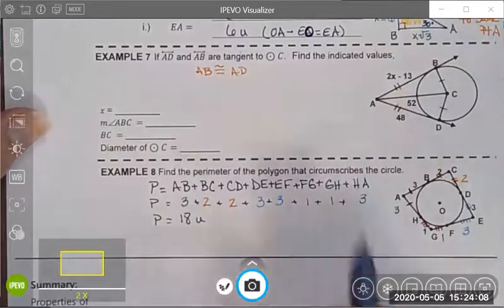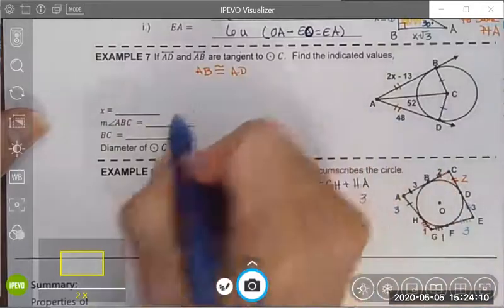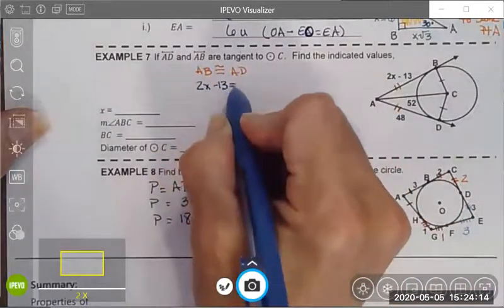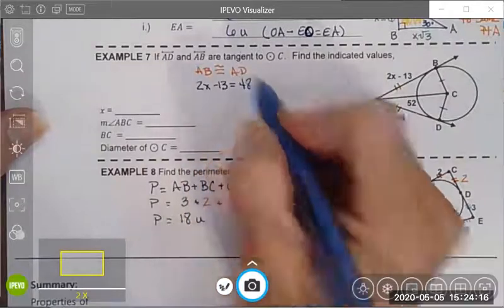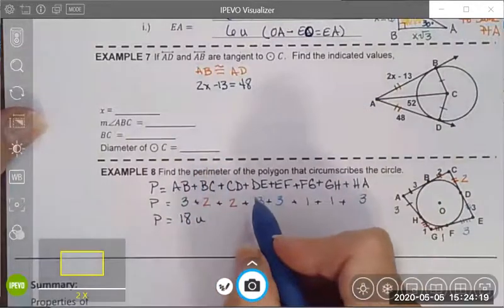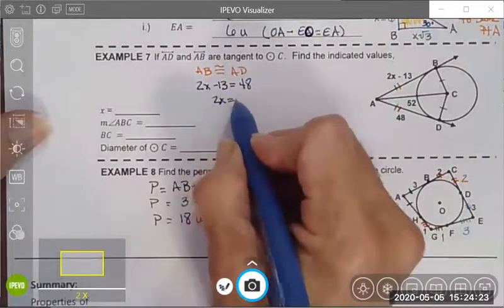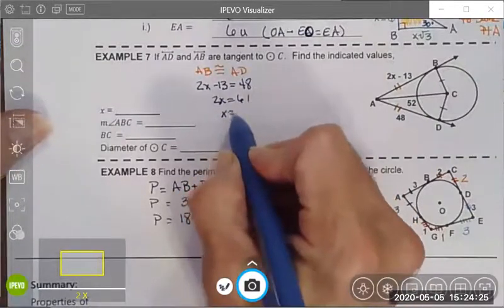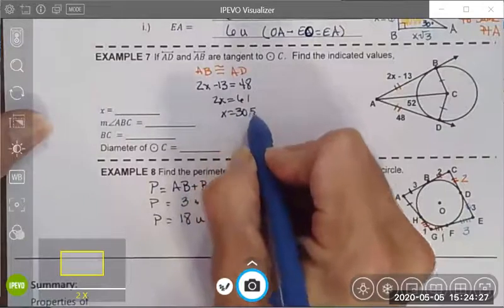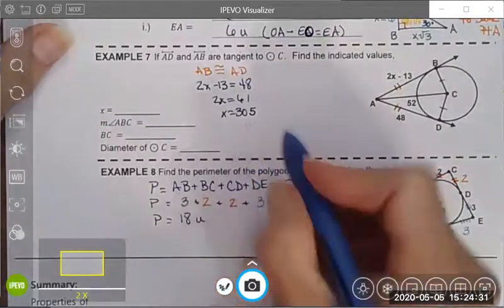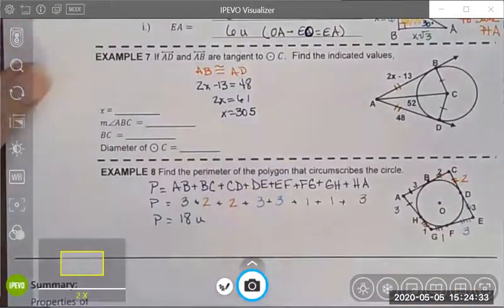That's handy because I know the measure of those two, relatively speaking, and I can do some simple algebra. Now that I've discovered the geometry of the problem, I can do some algebra, and when I do that, I end up with 2x equals 61, x is 30.5, a friendly decimal, or you can leave it as 61 over 2, a friendly fraction.